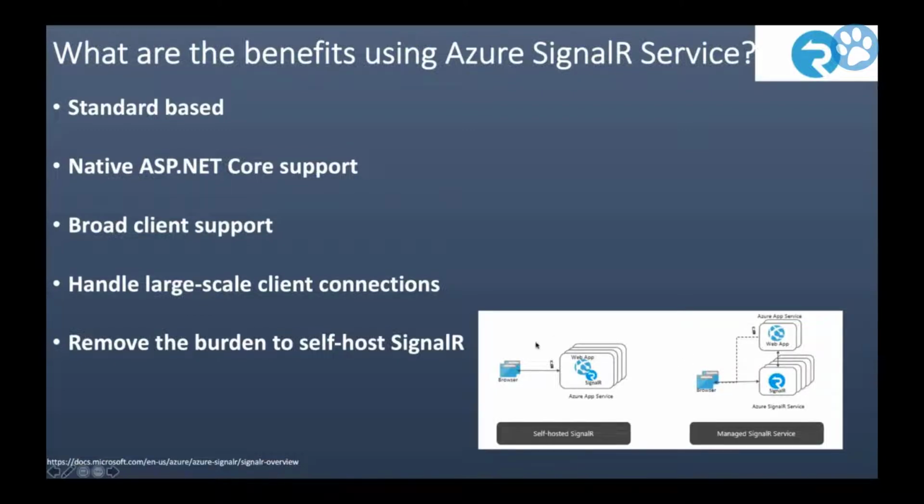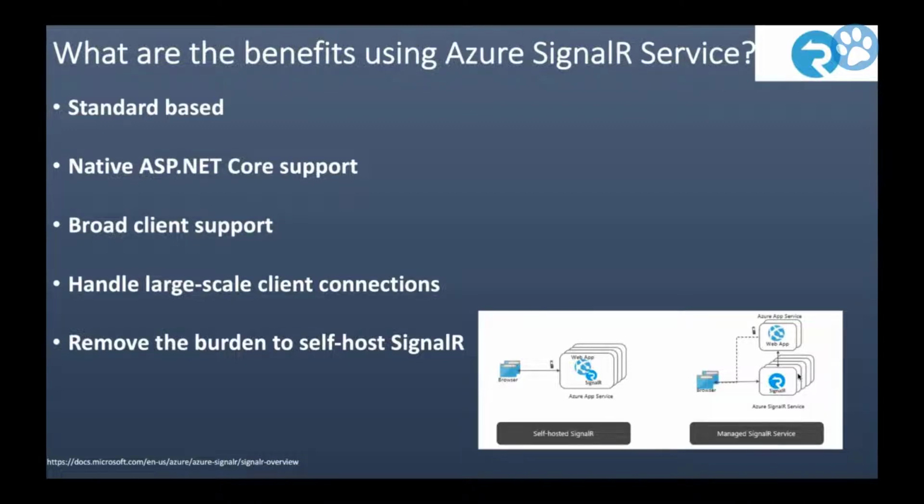See, a self-hosted SignalR app is also deployed on Azure with the help of Azure App Service, but the actual communication is mainly handled by the web app, and then the SignalR hub comes into the picture. Exactly different from that, Azure SignalR service now acts as a first-class member to manage the real-time communication. So think of doing such a migration, and let me tell you, this migration is not at all difficult.